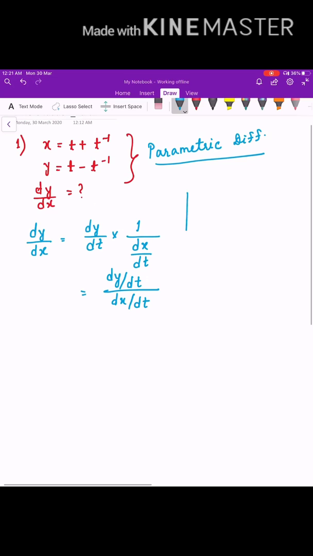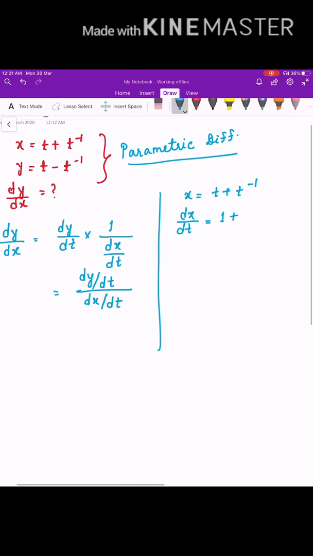Now here I need to know what is dy by dt and what is dx by dt. So x is equal to t plus t to the power minus 1. So dx by dt will be, if I differentiate t with respect to t, I get 1 plus, if I differentiate t to the power minus 1 with respect to t, what do I get?